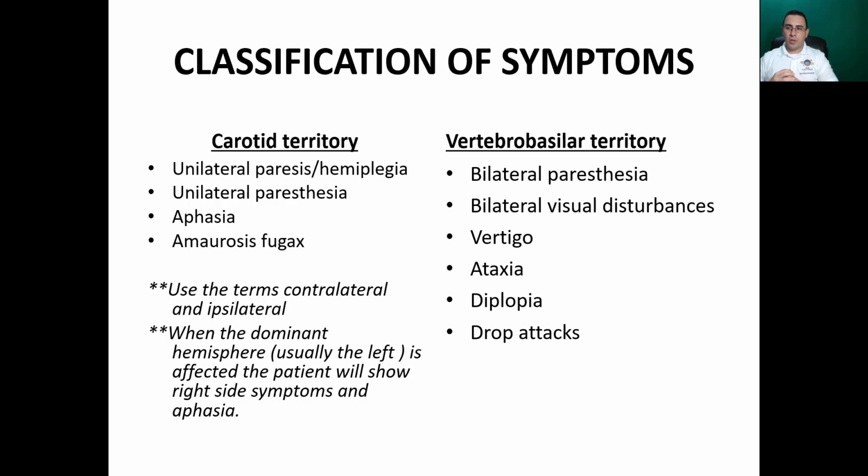So in the next lecture, we're going to start going into this world of signs and symptoms and pathology. And this is where you're going to apply what you have learned in our lectures of hemodynamics, Doppler, and anatomy until now.